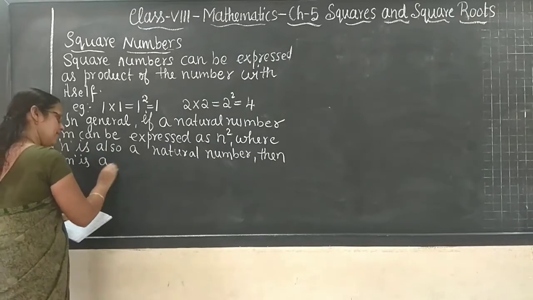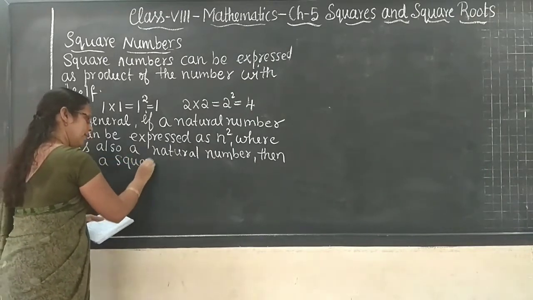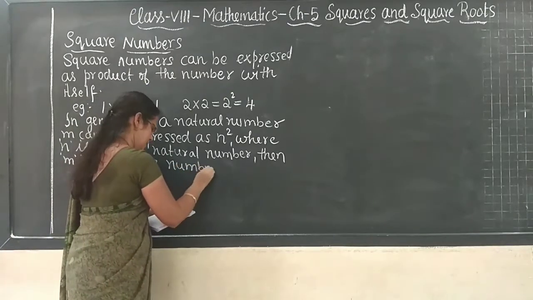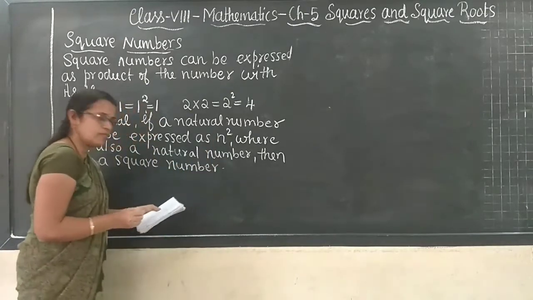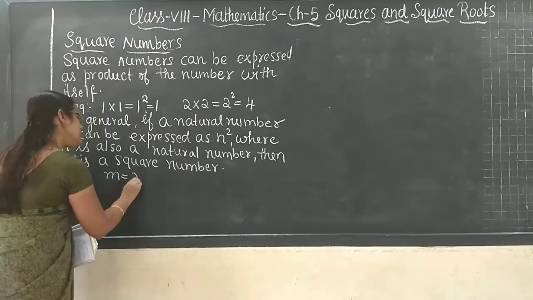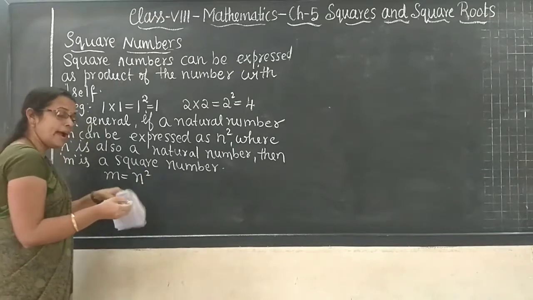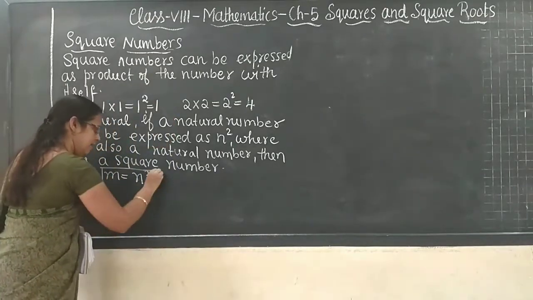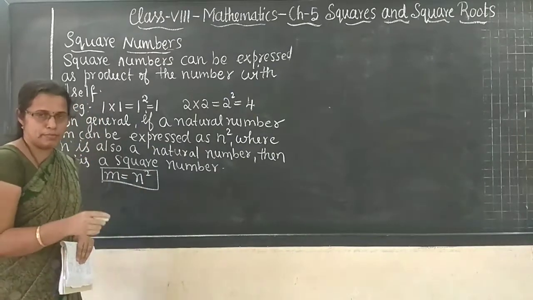So m is equal to n square, where m and n are natural numbers. This is the general form of a square number.